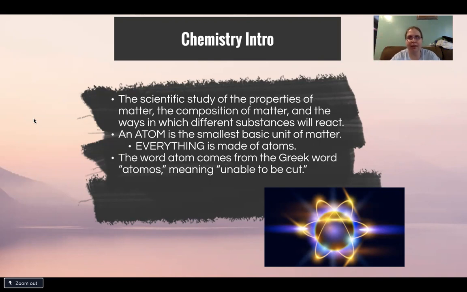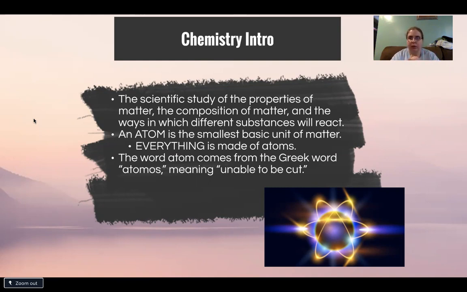What is water made of? And the ways in which different substances will react. So what happens if I take this substance and this substance and I put them together? Will they mix? Will they create something completely new? What's going to occur? So chemistry looks at the characteristics, the makeup, and the reactivity of different things.